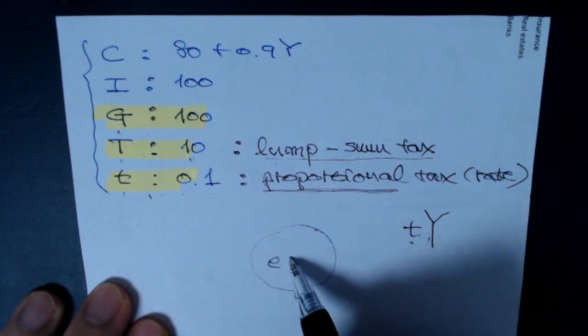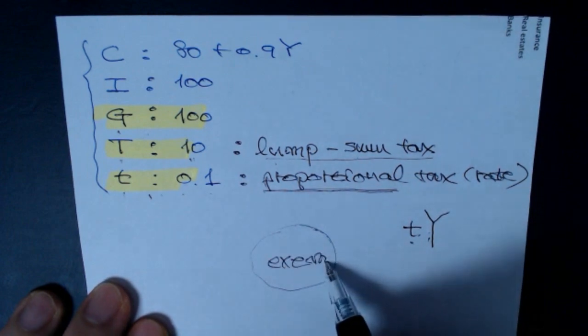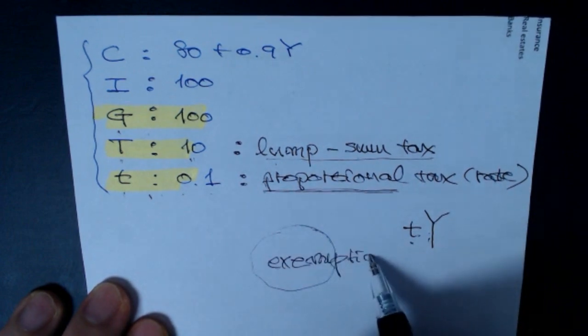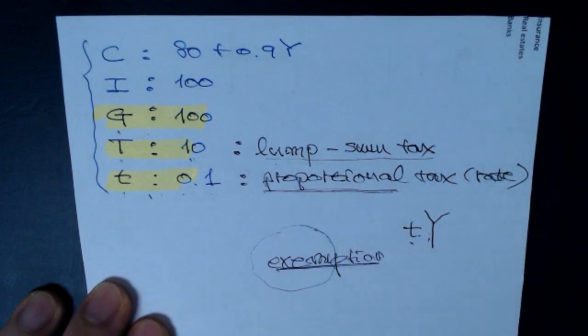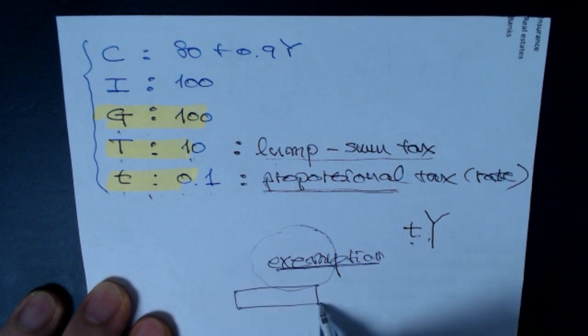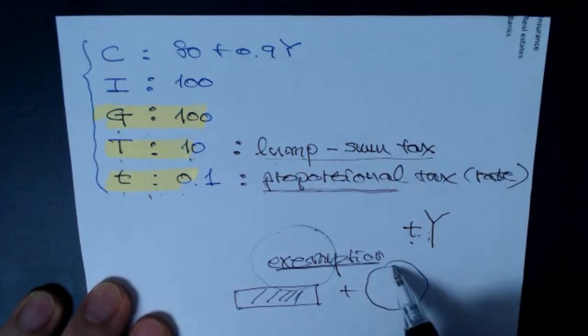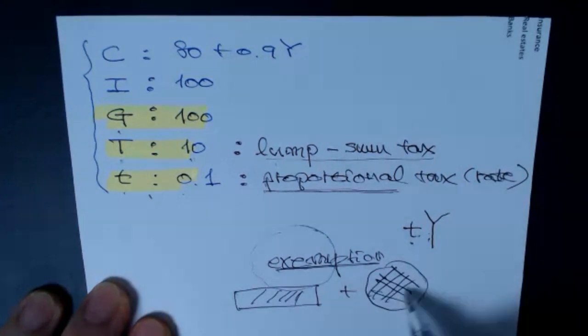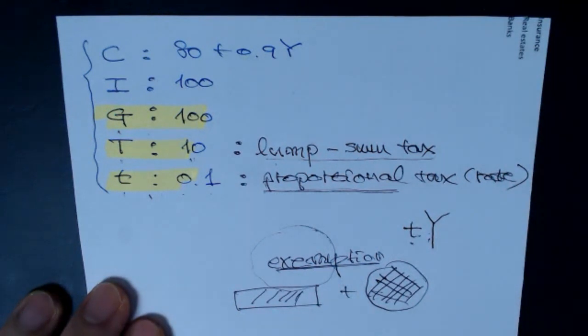It's called exemption. But as soon as you have a certain amount of income, you're supposed to pay a certain amount at the beginning, and then some additional amount. So that is an example of lump sum tax.